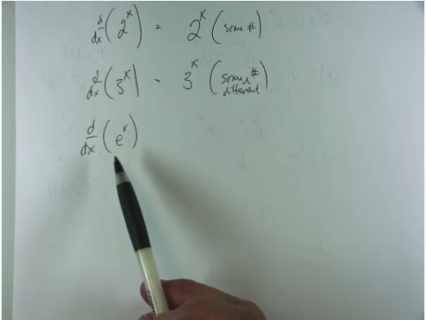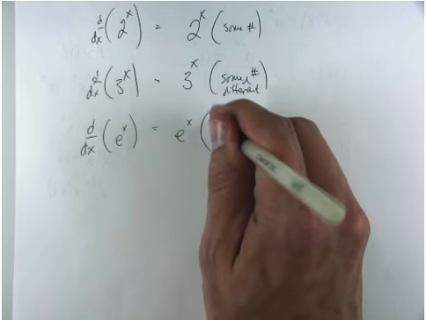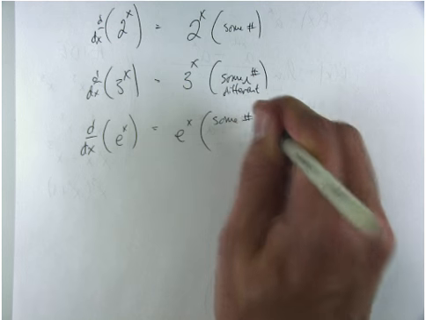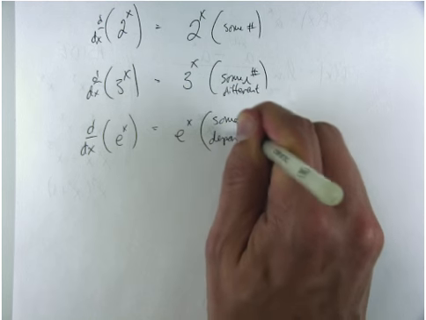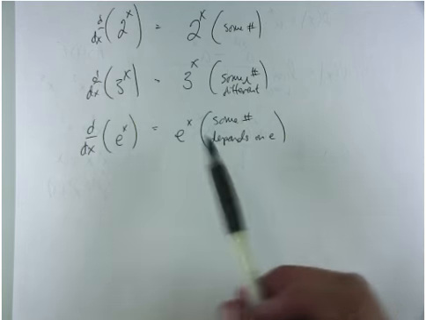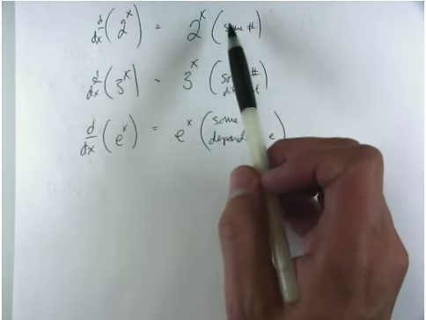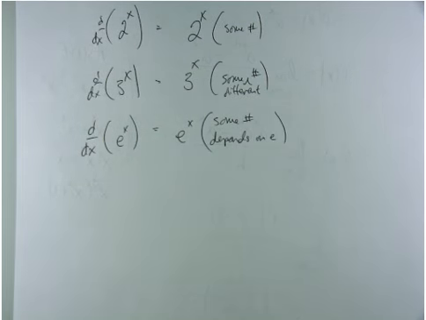This is 2.718281828, blah, blah, blah, right? Is just going to be e to the x times some number. It depends on e, right? E is going to determine what number this is. 3 determines what number this is, and 2 determines what number this is. But they all look almost exactly the same. It's just you got to tweak the final function just a little bit by multiplying by some real number.